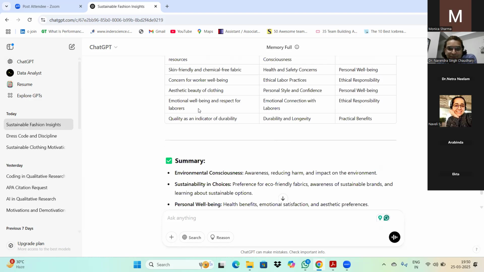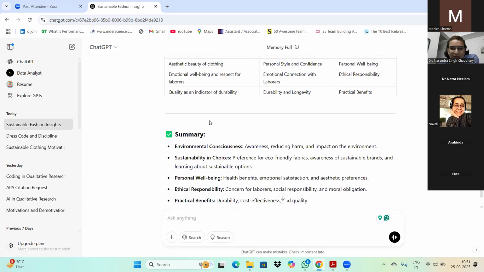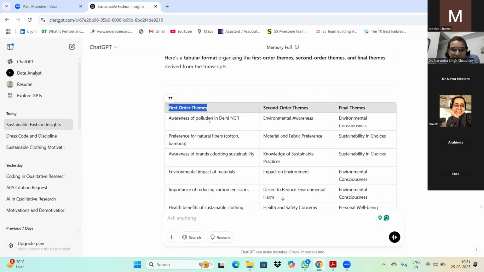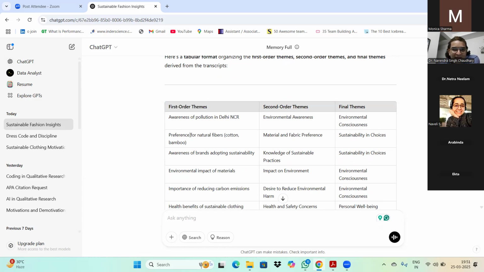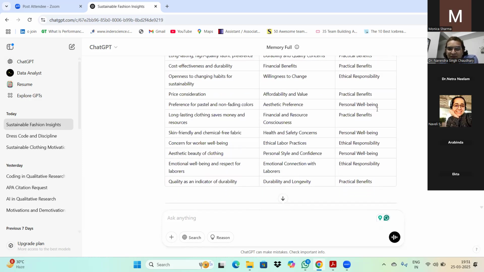These are the first order themes I have identified with the help of open coding. Again, I'm going to the second order, awareness of pollution, and a lot of things have been there. Then I'm going to the third thing, environmental consciousness.